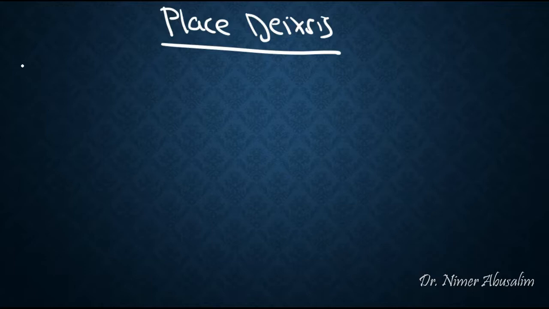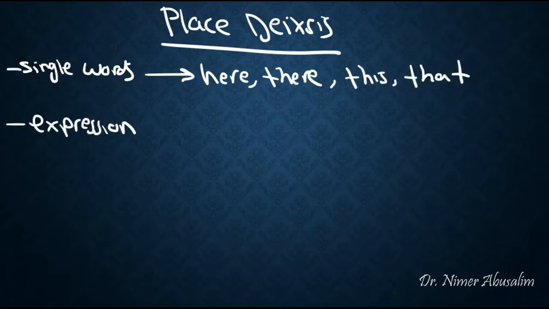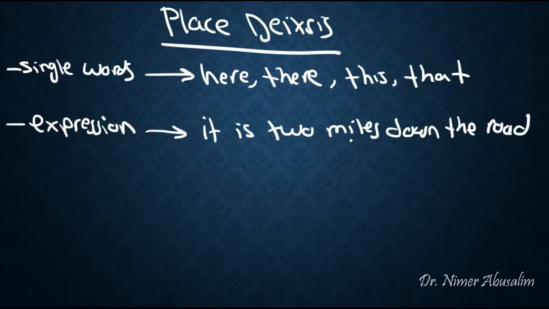The first is through the use of single words like here or there, this or that. Sometimes we can use a full expression like how far away is your house from here? It is 2 miles down the road. So this expression also achieves place deixis. It shows the proximity from the speaker to his house, which is 2 miles away.